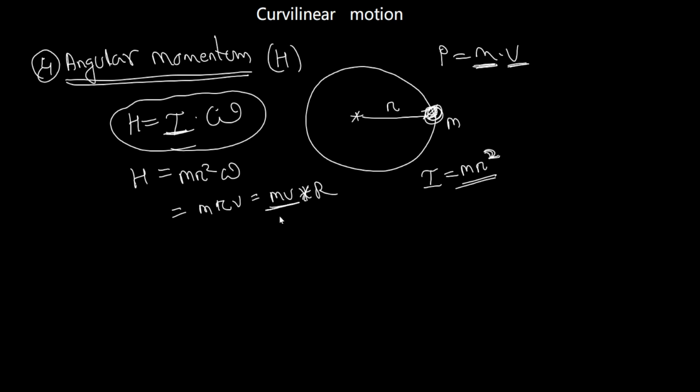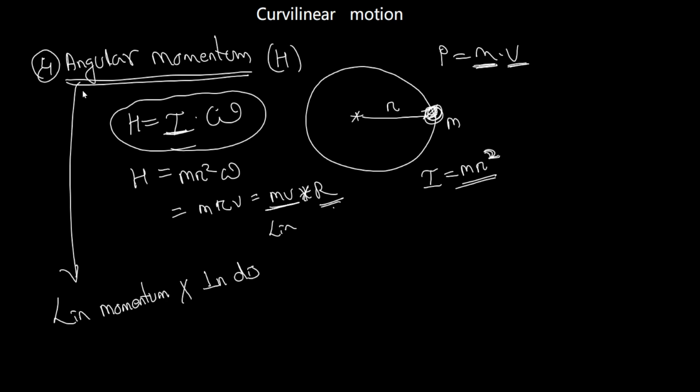That means this one is the linear momentum, this one is the radius. So if you are multiplying with a perpendicular distance, radius, that means the angular momentum is nothing but the linear momentum into perpendicular distance. So the angular momentum is nothing but the moment of the linear momentum.